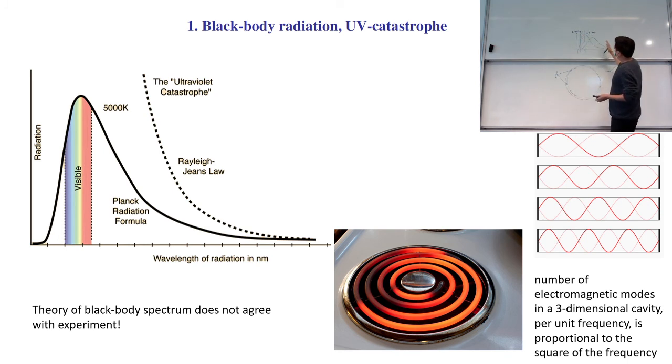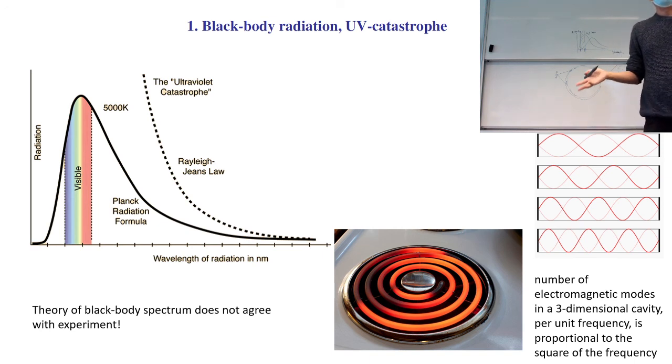So when something gets hot, this curve moves to the left here, and there's more and more light, and this side is red, and this side is violet. There's more and more light on this right-hand side that you can see, and red is the first light that you start to see. There's more red light than violet light.